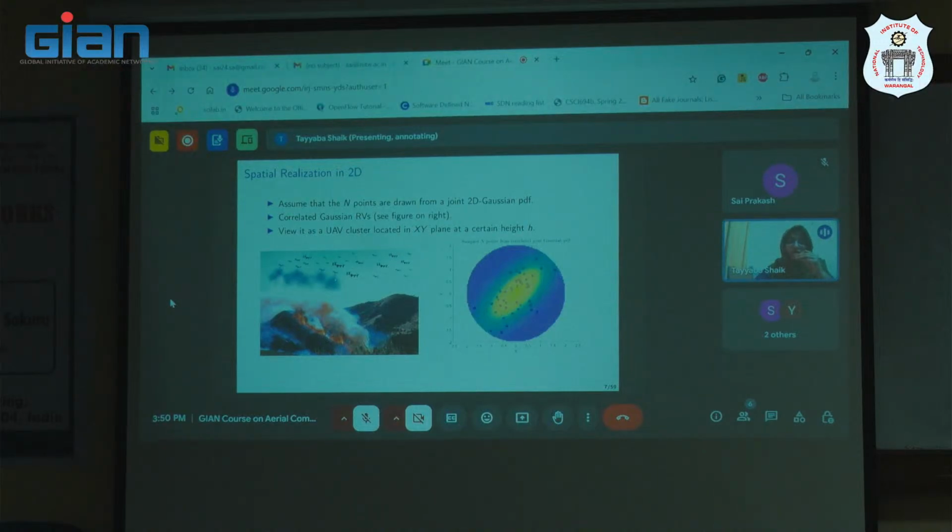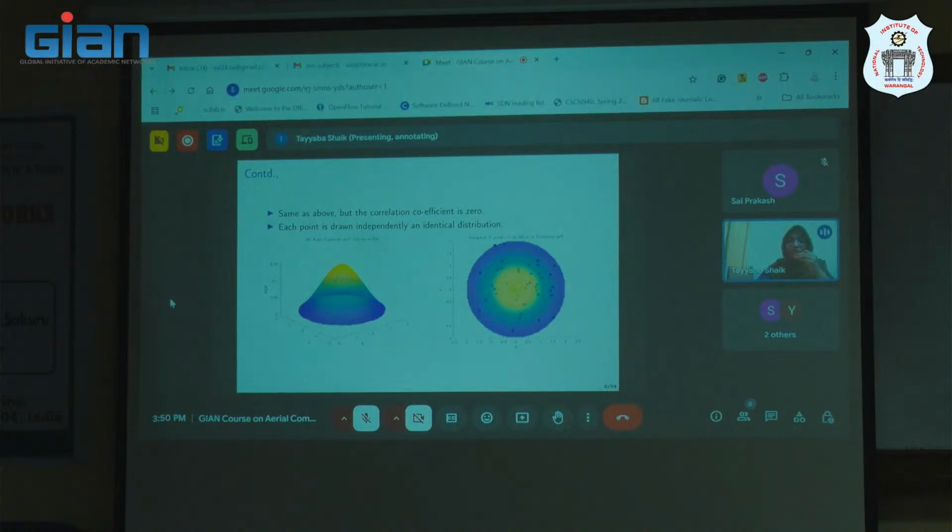You might want the drones to concentrate in one certain region and not have too many in the surroundings. So it can be modeled using a 2D Gaussian PDF, which has some positive correlation coefficient. Similarly, if you want the drones to be evenly distributed in a circle or on a disk, then you can have endpoints drawn from a 2D uniform PDF. So these are different ways of modeling a spatial point pattern.